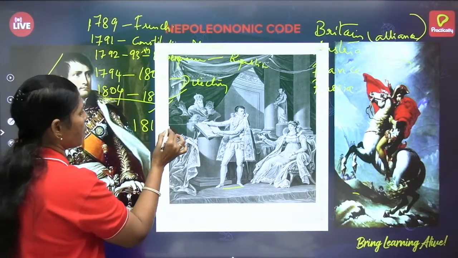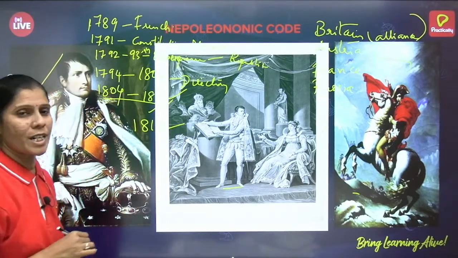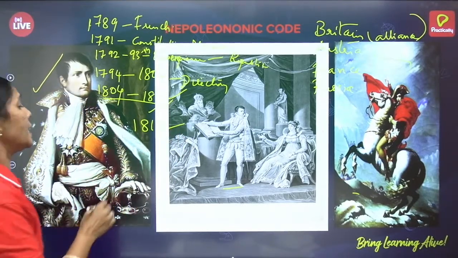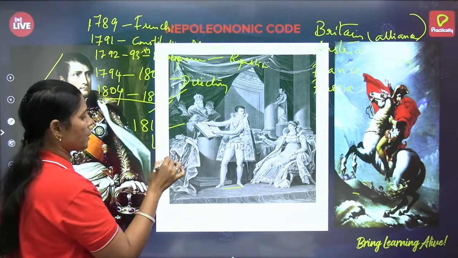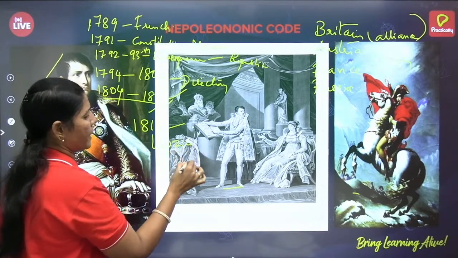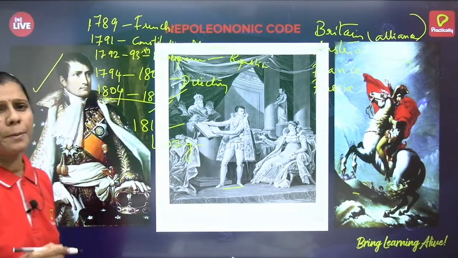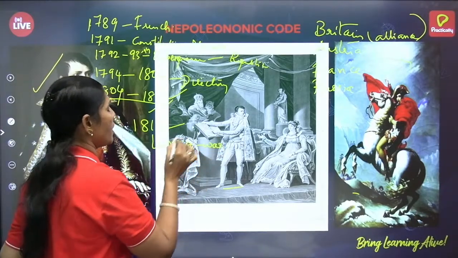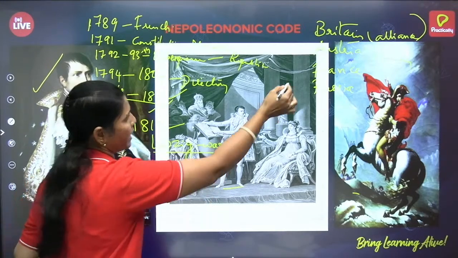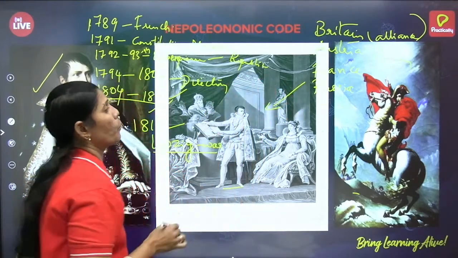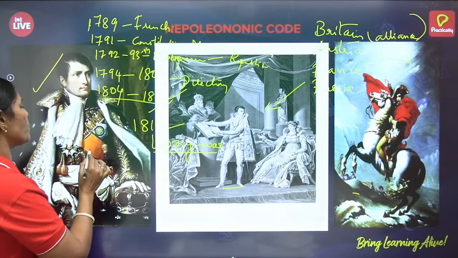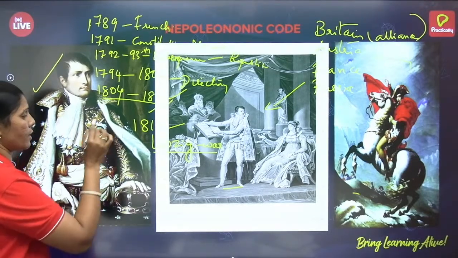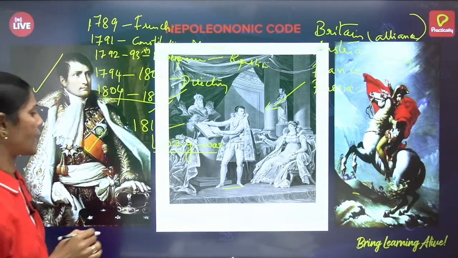So in 1813, the first time, they plotted against Napoleon at Leipzig. Please note this place. Leipzig was a place, the Leipzig War. In the Leipzig War, Napoleon was attacked by these alliances, and they succeeded.